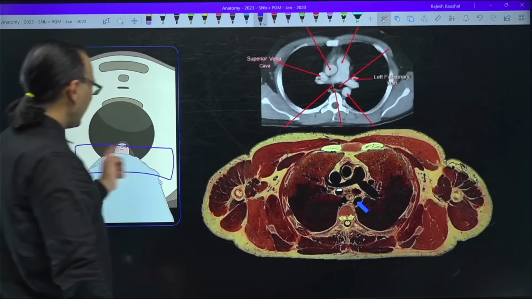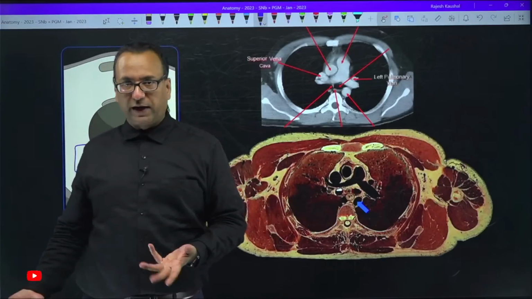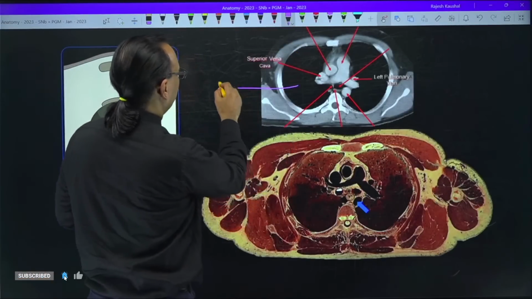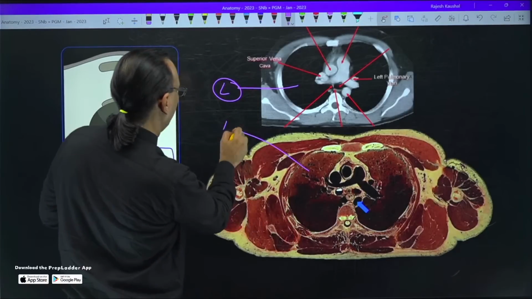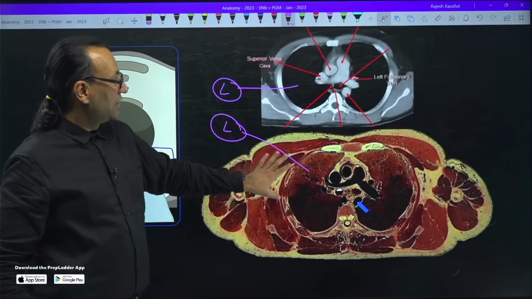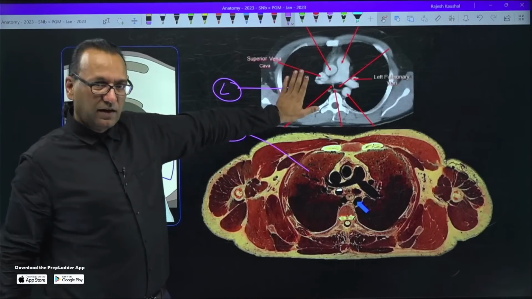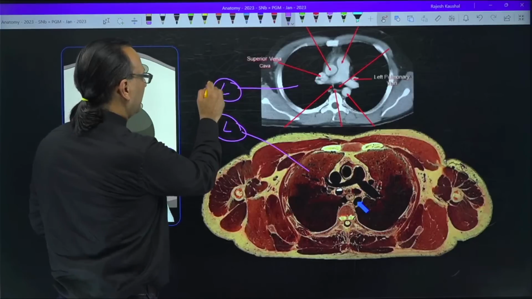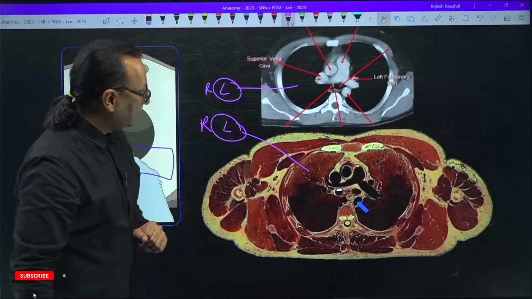So where have we taken this diagram? We have taken this diagram obviously in the thorax, because you can see these are lungs. Now if these dark shadows are lungs and you are looking inferior to superior, this must be the right lung. So this is the right lung and that will be the left lung. Now you can see one thing.